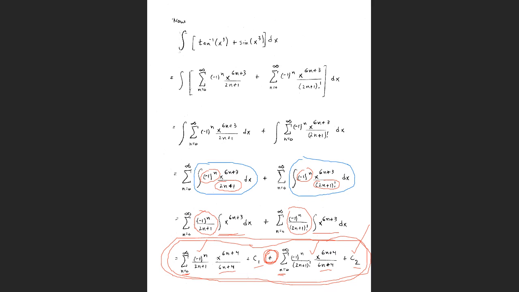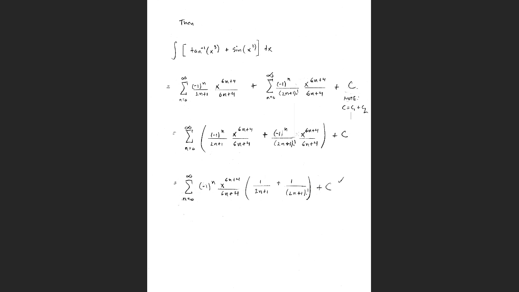Now, if the index were different, if the second power series had an index of n equals 1, then you could not just combine them together. But they both start at n equals 0, they go to infinity, and so you can rewrite the sum of the two power series as this one power series.